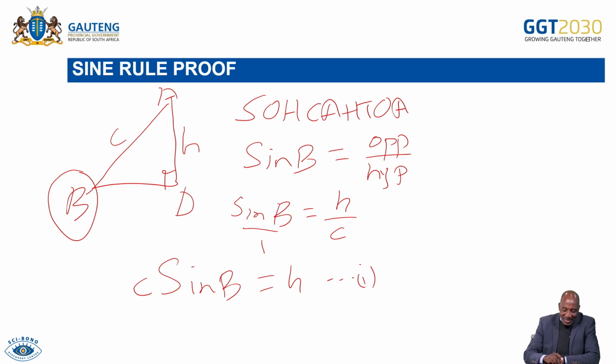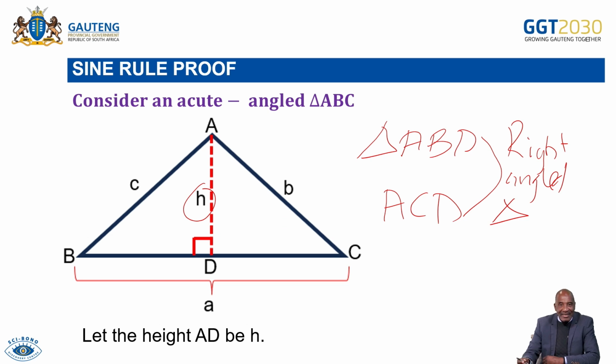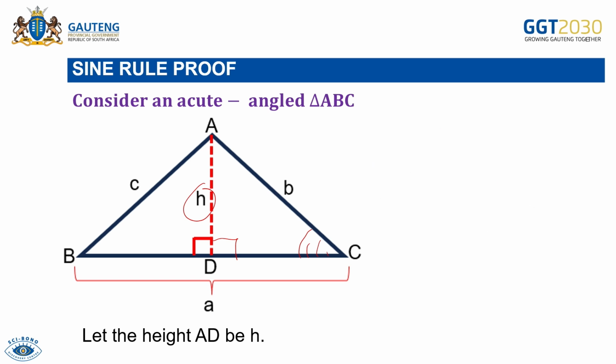Then you do the same with the other side of your triangle, which is triangle ADC. In triangle ADC, I will look at this as 90 degrees. I will come to this corner here, which is my angle C. In triangle ACD, what do we notice?